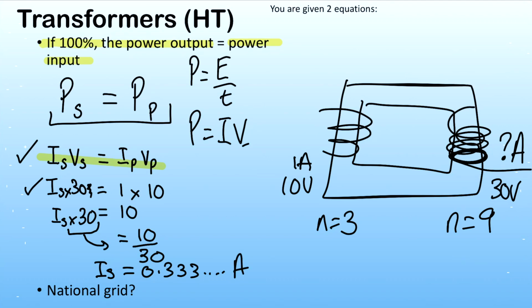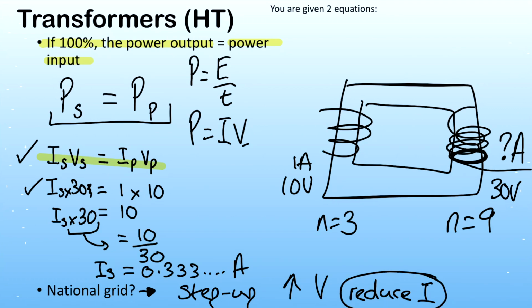And in the national grid, again, back in paper 1, they might ask you about this. They talked about why we use lots of step-up transformers after using a power station. So step-ups are used to increase the voltage and reduce the current, because if you reduce the current, we are reducing the energy loss through resistance, so reducing the electron movement.